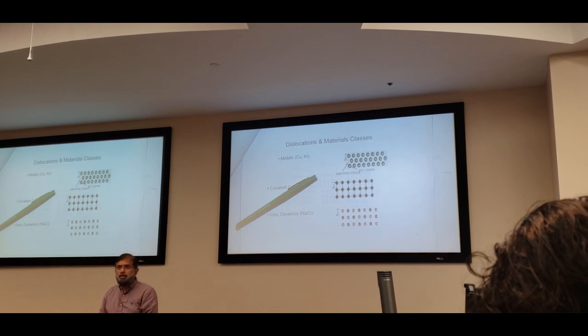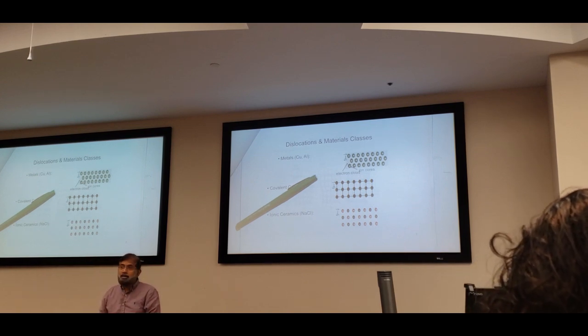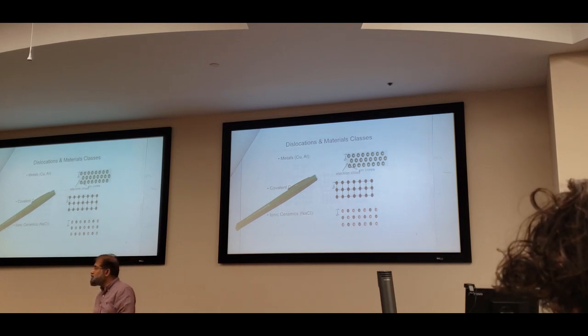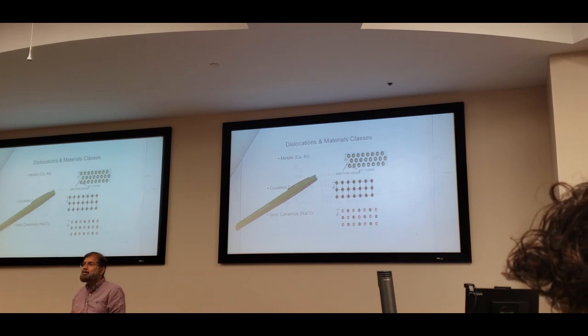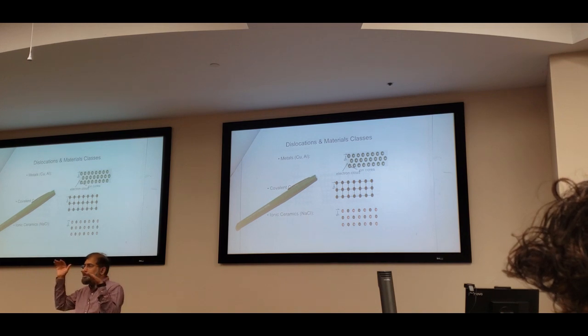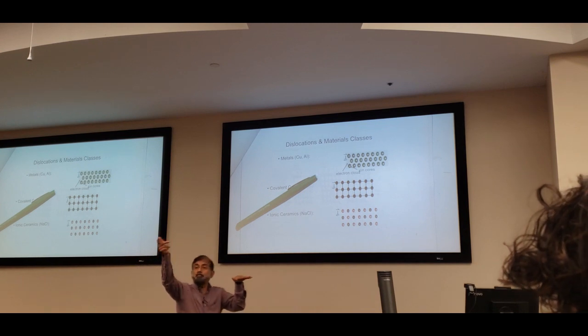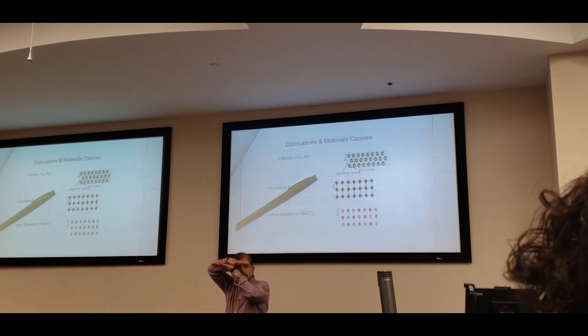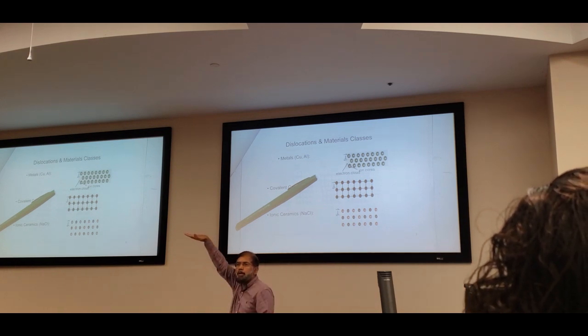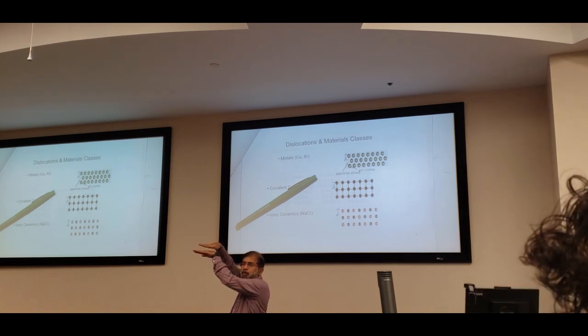Metallic. Why metallic and not ionic? Because of the positive ion cores. Remember the sea of electrons. Assume that this is a plane of atoms, and this is another plane of atoms. And what is in between? A sea of electrons.